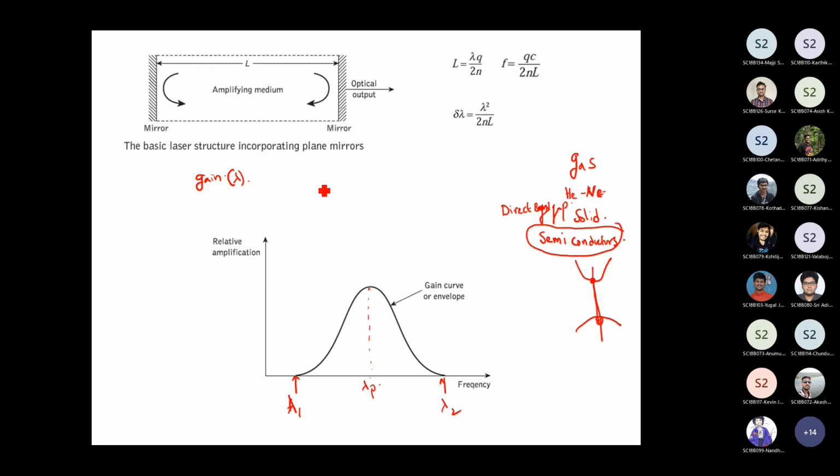If you have a string which is fixed at 2 points, let's say a guitar string, and if I just pluck this string, you know that you can have standing waves, right? You can have one like this, another one like that, a third harmonic like that. So this string can support multiple wavelengths, or multiple frequencies.